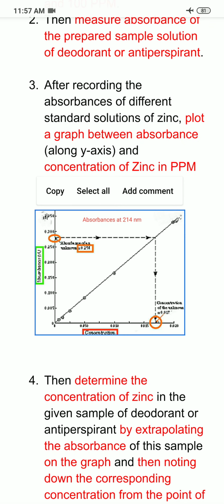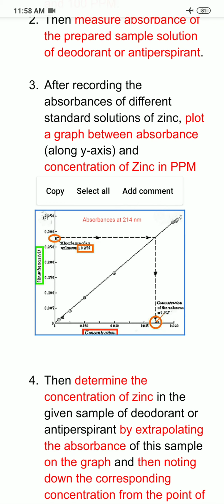So in this, along the y-axis absorbance is there, which I have marked in green rectangle, and along the x-axis in orange rectangle concentration is there. You can record that in whatever unit you prepared the concentrations. I mean to say concentration you can express in any unit that you are using, but the solution should be dilute. So you can see at the top of this picture I have written absorbance at 214 nanometer.